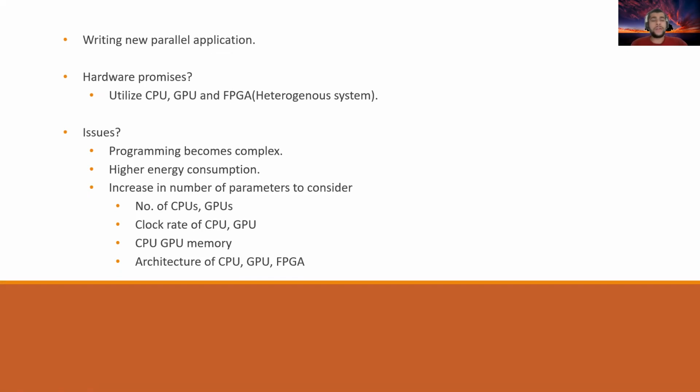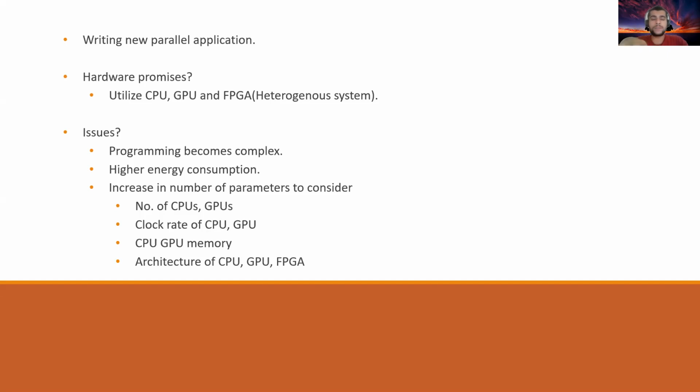So when you're writing new applications, like I said earlier, hardware advances have made it possible to utilize the different processing units that are in the machine. They can be a CPU with multiple cores, or more than one CPU in one machine, and then a GPU with multiple cores, and then FPGAs, which are field programmable gate arrays. They also provide a processing unit which can help to execute parallel code.